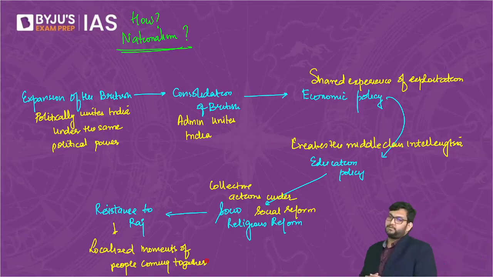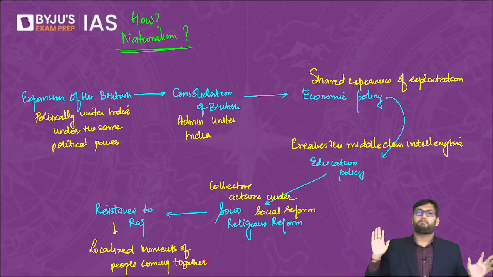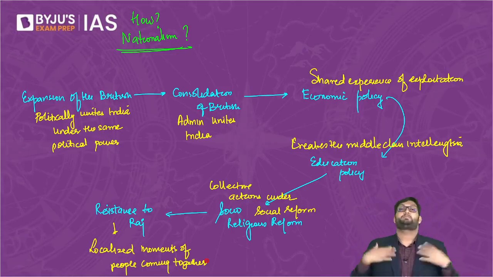If you look at it, who created nationalism? Who created nationalism? Yes. It is the British who created nationalism. By unifying us into one political structure, by giving us a unified administration under the ICS and the judiciary, by giving us the shared experience that if a person from Madras used to go to Bengal, Madras person used to say that I was exploited.